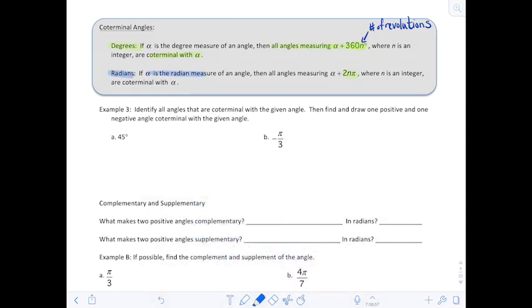If alpha is the radian measure, then all angles measuring alpha plus 2 pi n, where n is an integer, are coterminal with alpha. So instead of adding 360 multiple times, we would add 2 pi, the number of revolutions. That's my n value.